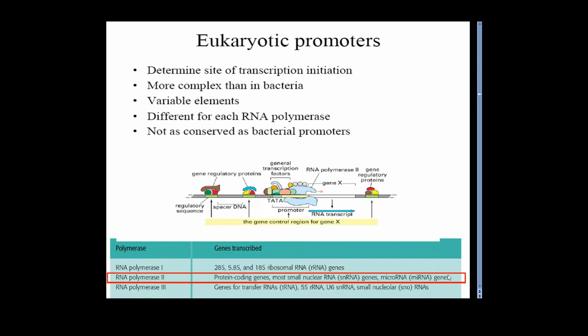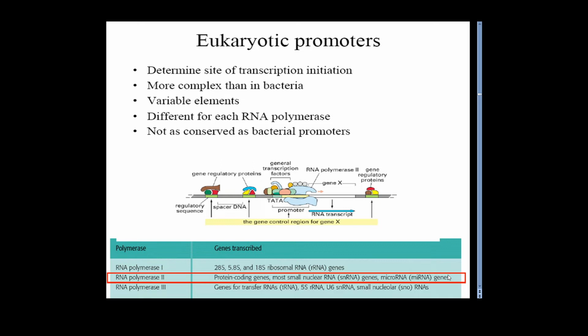And RNA polymerase 3 makes transfer RNAs and other components of ribosomal RNA, such as 5S RNA, important for recognizing start codons, by the way.